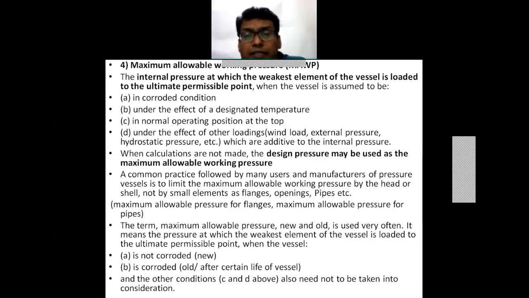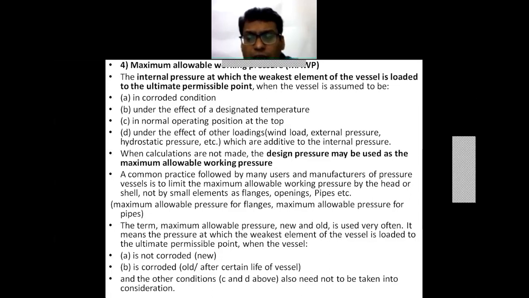The common practice followed by many users and manufacturers of pressure vessels is to limit the maximum allowable working pressure by the head or shell, not by small elements such as flanges, openings, pipes, etc. Generally, flanges, openings, and pipes are of higher diameters and higher thicknesses, so that they can accommodate these pressure fluctuations.